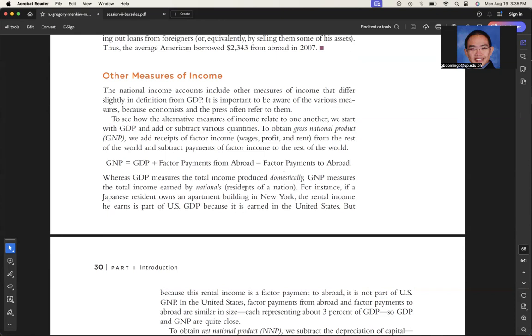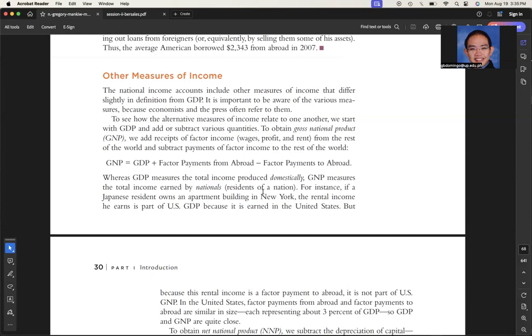So an interpretation of GDP versus GNP is this: whereas GDP is total income produced domestically, so you have to produce it domestically in order to earn it, GNP measures the income earned by nationals or residents of a nation. And this income can be earned abroad.